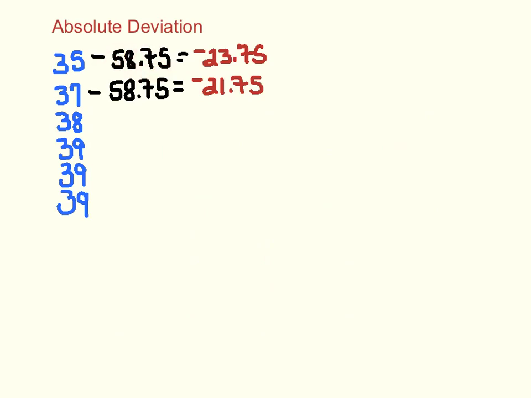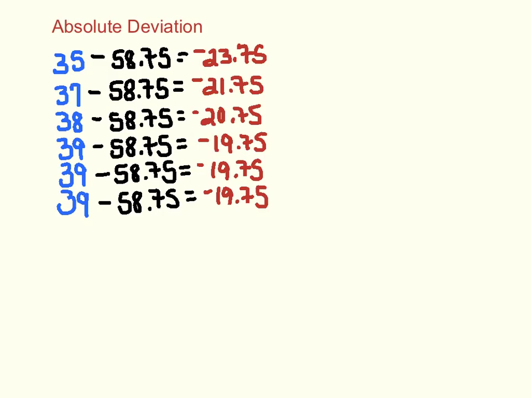We subtract the mean from the lowest score, getting this deviation of negative 23.75. We can do the same thing for all of these scores, getting deviations from each of those scores.